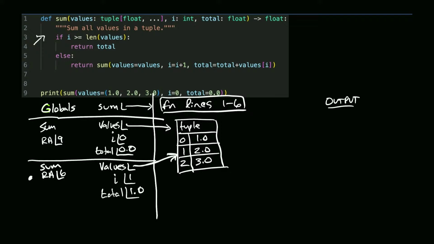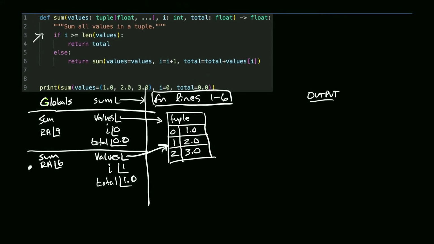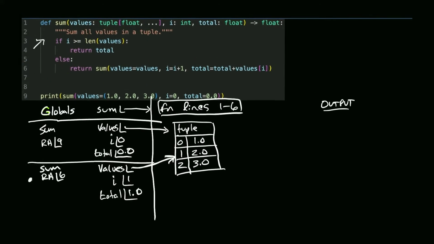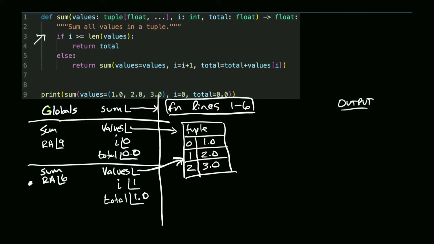What is total equals total plus values[i] referring to? So you can index the tuples. So the i, you see i equals 0 down in the first function call.